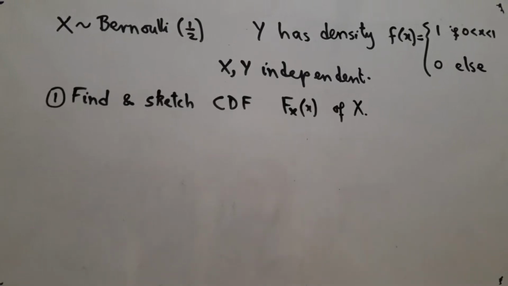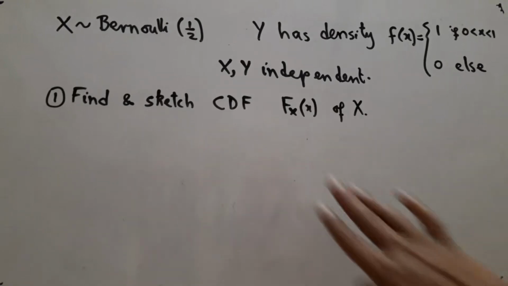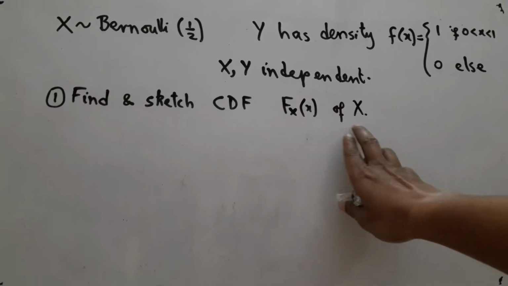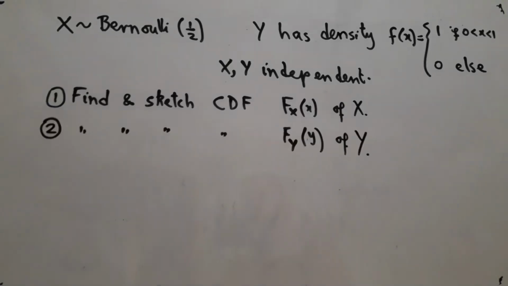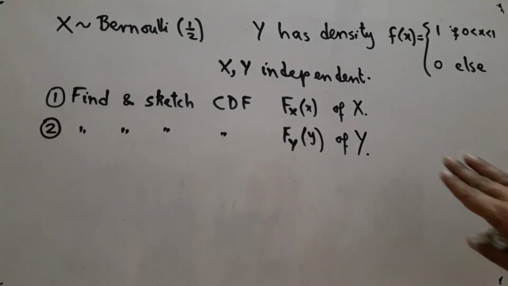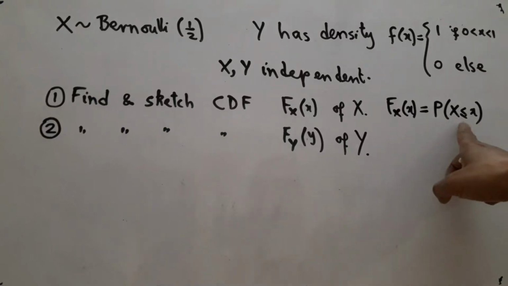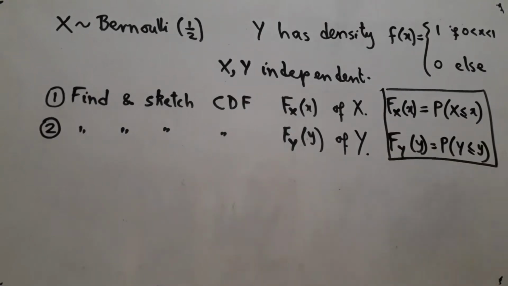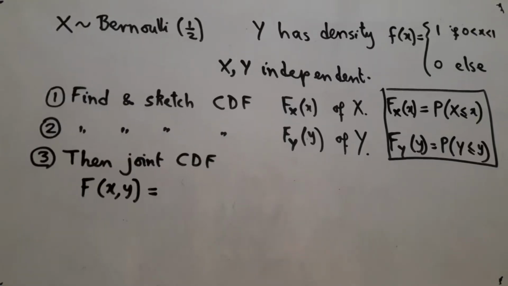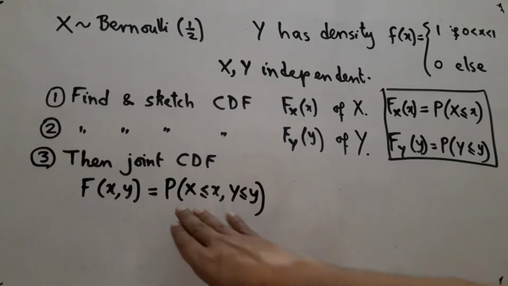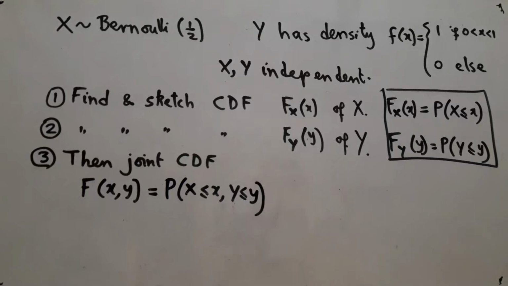Your first job is to find and sketch the CDF F_X of x. And then you are required to do the same thing for Y. In case you have forgotten, I will quickly remind you that F_X(x) is probability X less than or equal to x. And similarly, F_Y(y) is probability Y less than or equal to y. Then the joint CDF of X and Y, F_XY, is by definition probability X less than or equal to x and Y less than or equal to y.